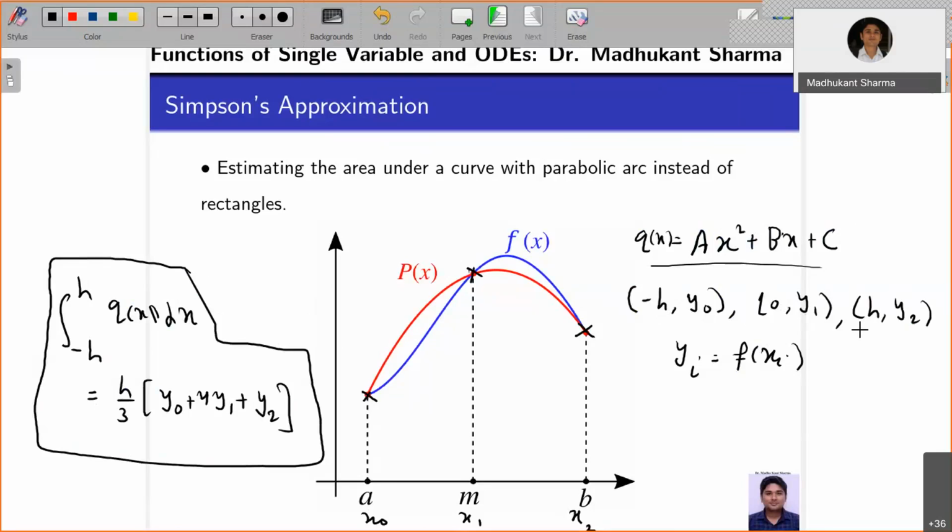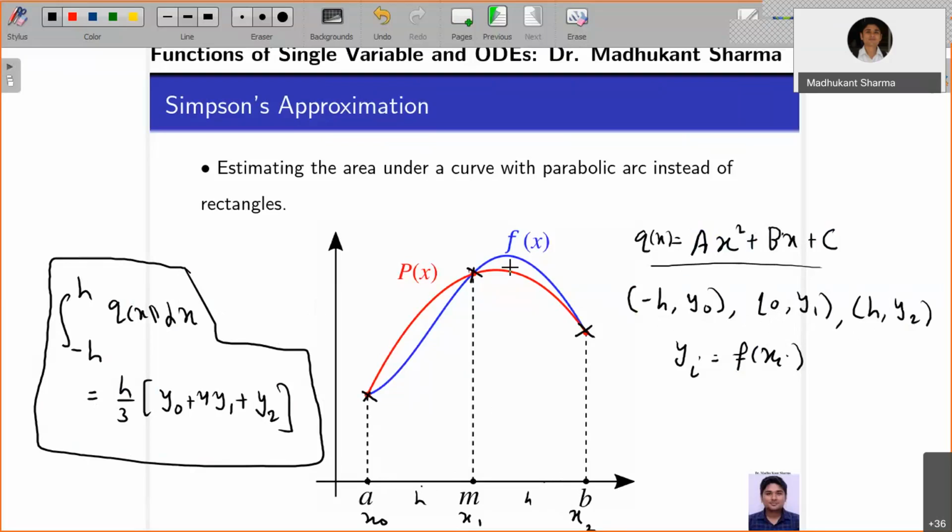They are easy to work with, because we are choosing 0 as the midpoint, and the length of each side is h. So it is easy to work with these 3 points.